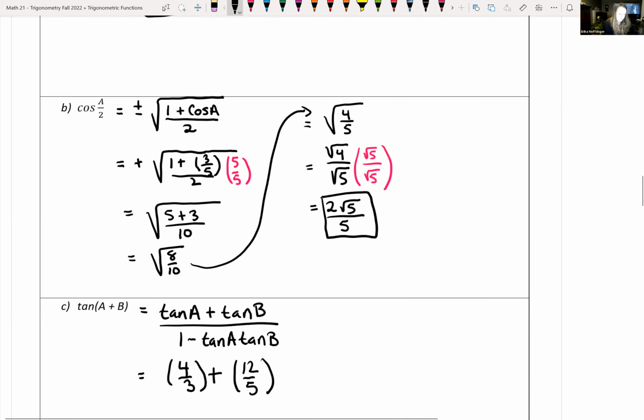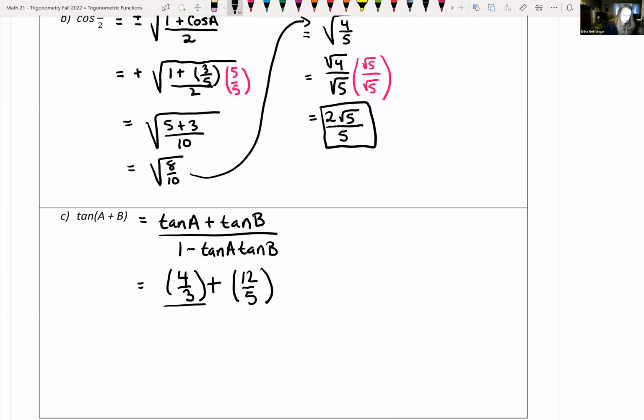All over 1 minus tangent of A, we just saw was 4/3, times tangent of B, which we saw was 12/5.